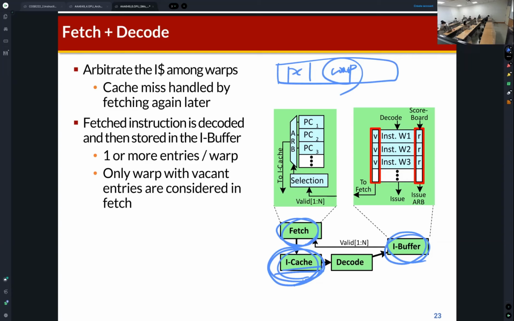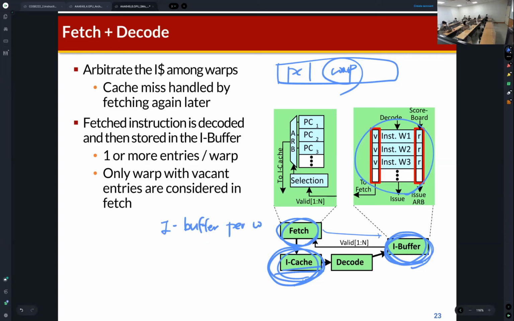Now let's see the instruction buffer. When the instruction is fetched from the instruction cache, remember that this is the GPU model, the instruction is placed into the instruction buffer of each warp, which means that each warp has its own instruction buffer.